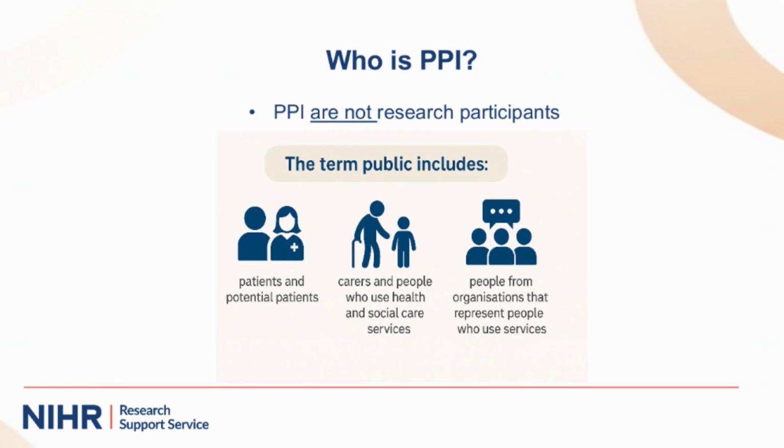In the third group, we have people from organizations that represent service users. These might be advocacy groups, charities, or community organizations. They bring collective voices and can help ensure that underrepresented or marginalized groups are included in the research conversation.